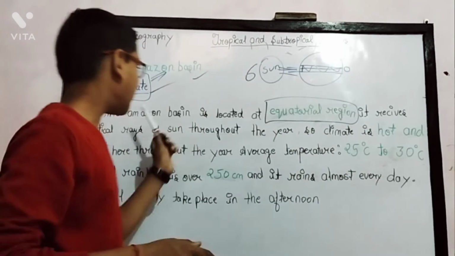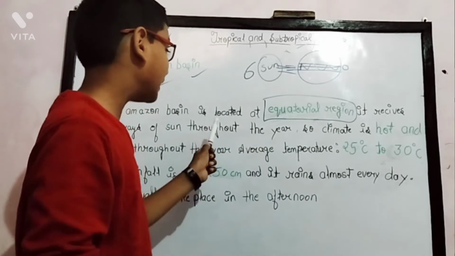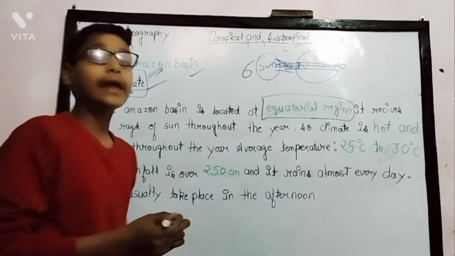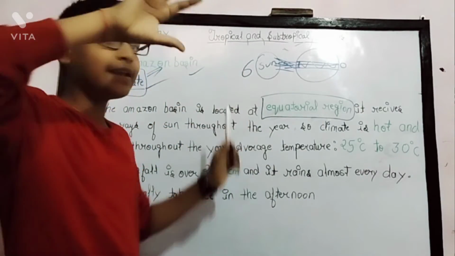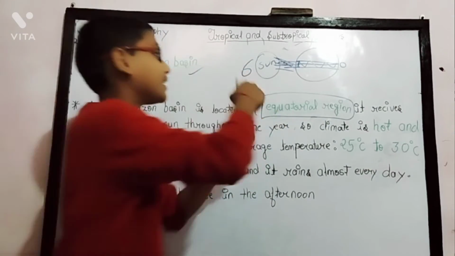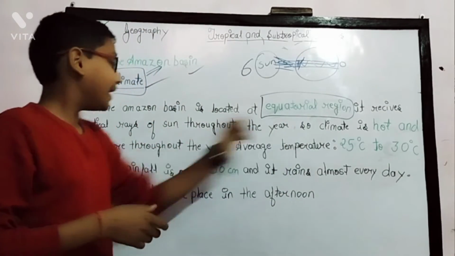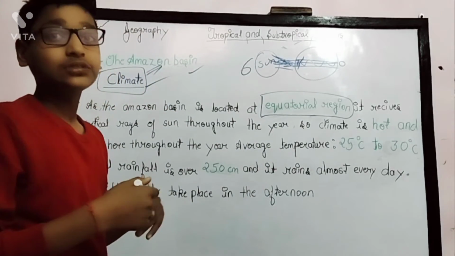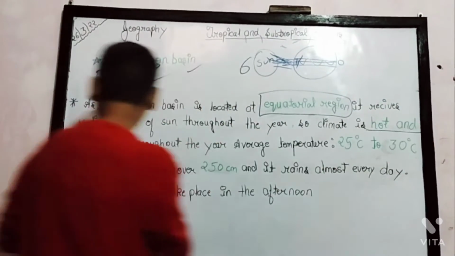As the Amazon Basin lies in the equatorial region, it is hot and wet and gets vertical rays. The equatorial region gets vertical rays from the sun, so it is very hot. Throughout the year, the climate is hot and wet.